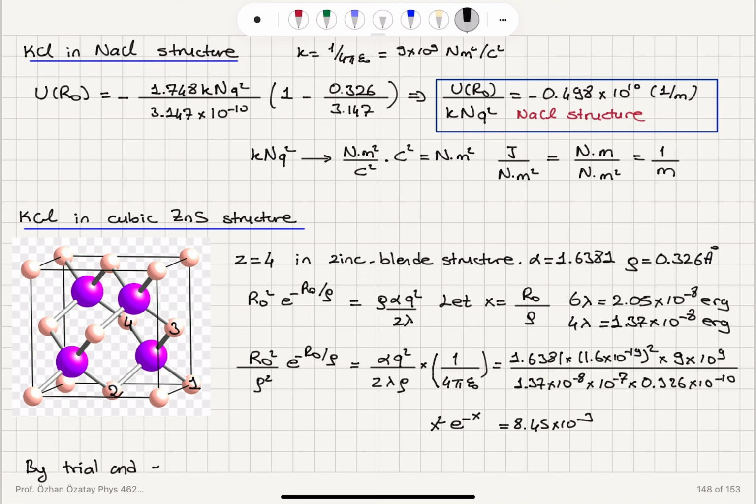By trial and error, we find x, which is r0 over rho, to be approximately equal to 9.2. So since rho is 0.326 angstroms, this implies that r0 value is approximately 3 angstroms for this structure.